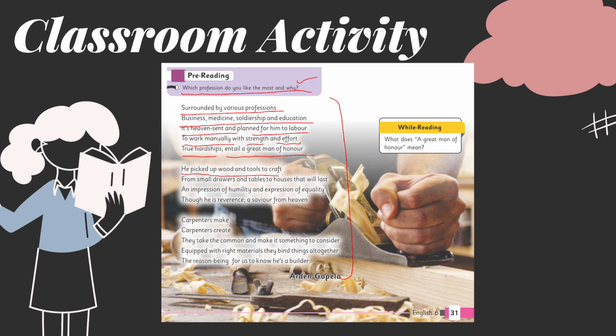He picked up wood and tools to craft, from small drawers and tables to houses that will last, an impression of humility and expression of equality, though he is reverence a savior from heaven. Carpenters make, carpenters create, they take the common and make it something to consider. Equipped with right materials, they bind things all together, the reason being for us to know he is a builder.